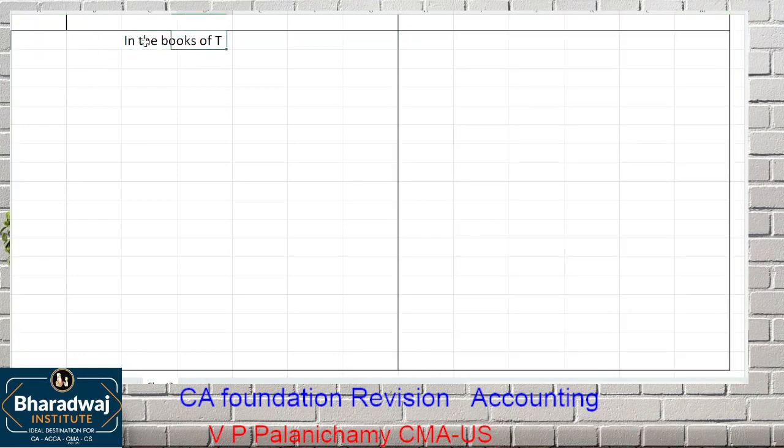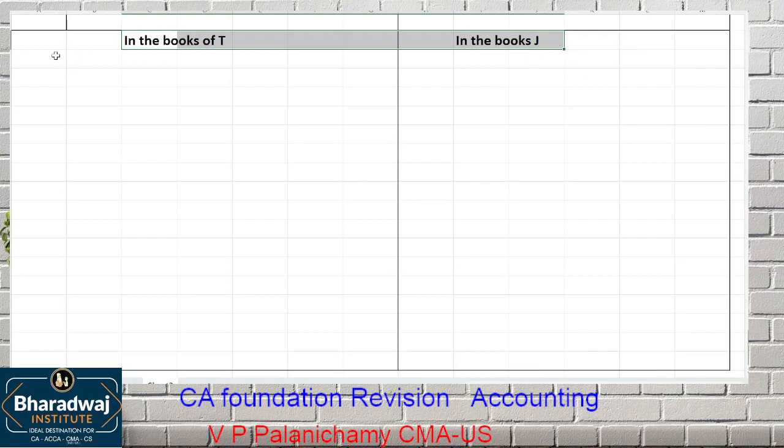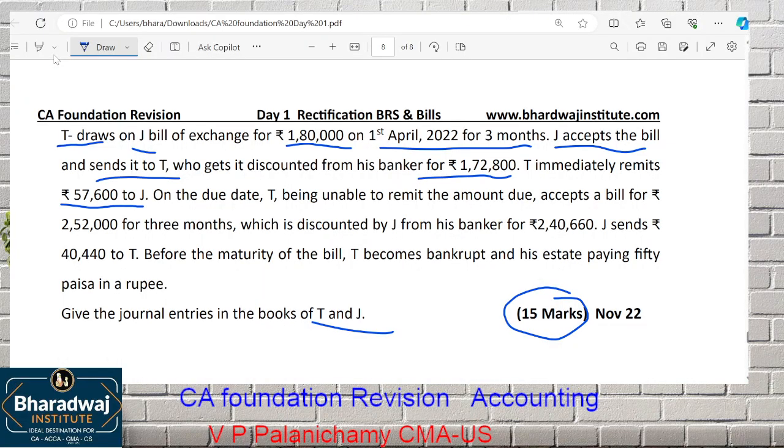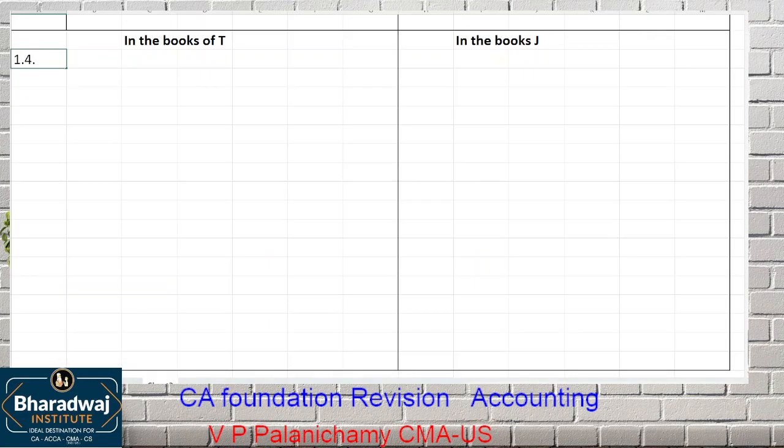In the books of T, next, in the books of J. When the first bill is drawn, what is the entry you will pass? Bills receivable account debit to J account. Don't wait for me or for passing. I request you to copy this.